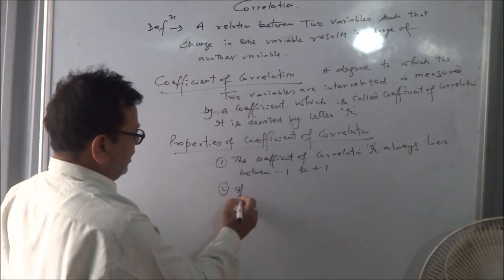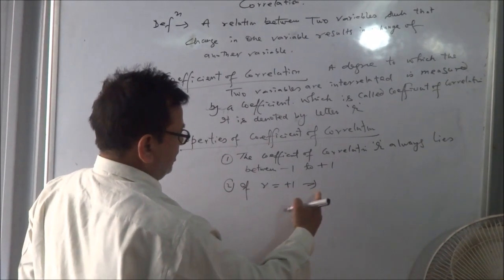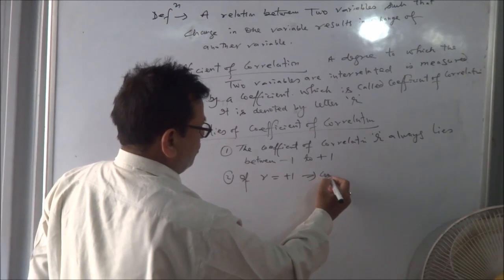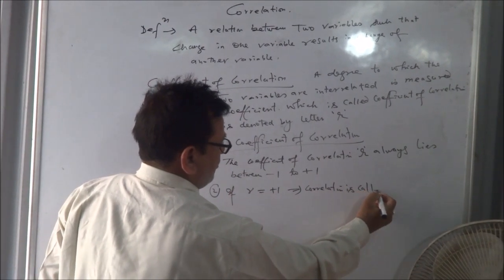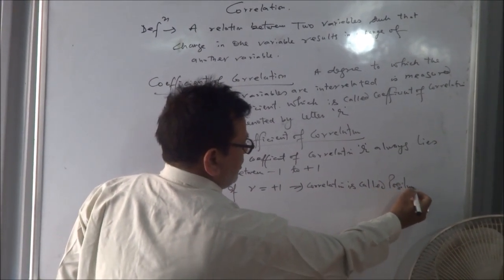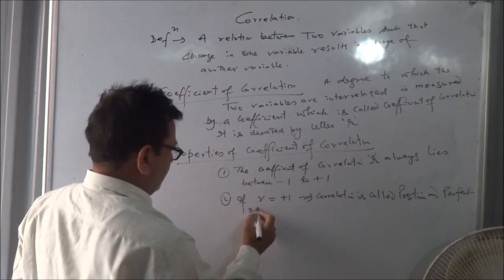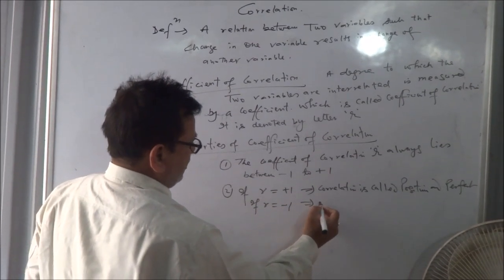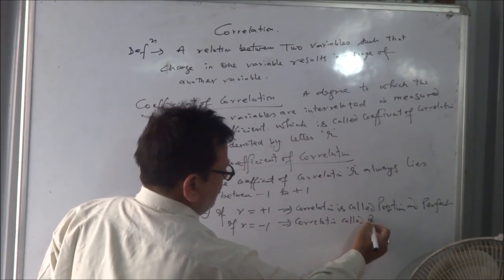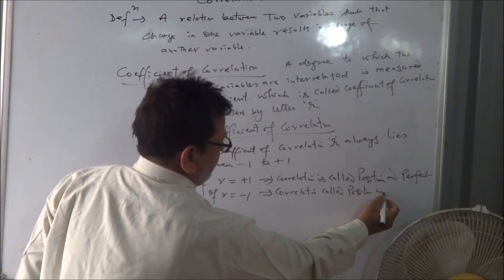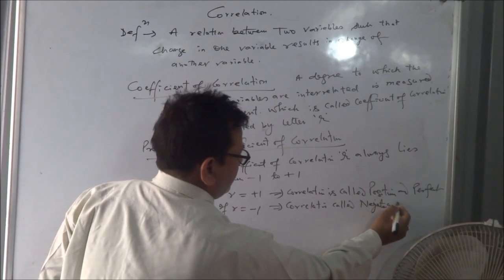Second property: if r is equal to +1, the correlation is called positive and perfect. If r is equal to -1, then the correlation is called negative and perfect.